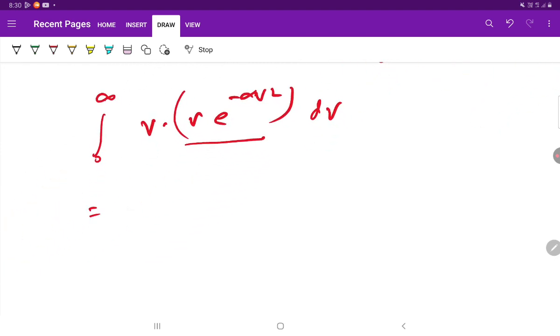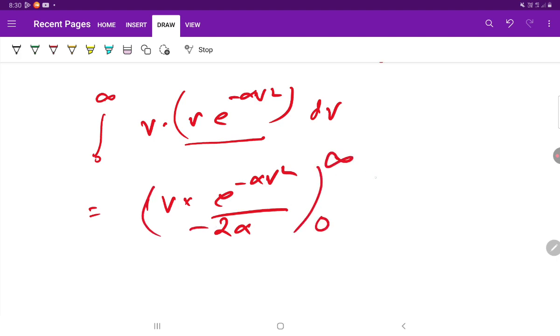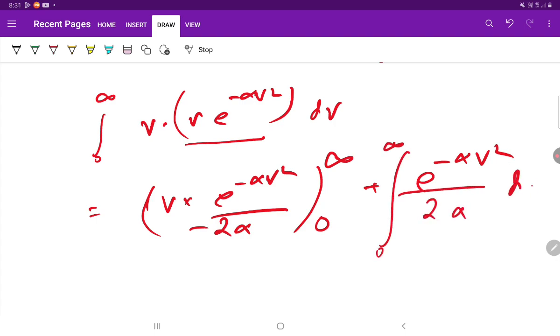Evaluating this integration, you will get 1 by 2 alpha. First we'll be using parts, that is v into e to the power minus alpha v square by 2 alpha, with a negative sign, 0 to infinity, plus e to the power minus alpha v square by 2 alpha, integral 0 to infinity dv.